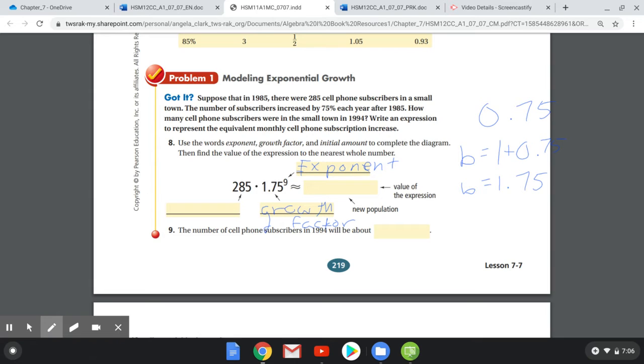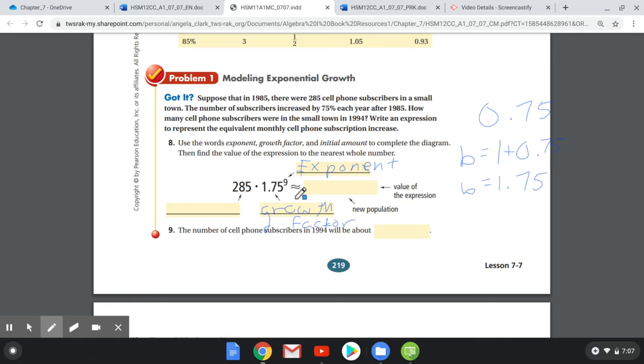Either way, it's the multiplier. So those three terms: the general term is multiplier. If it's specifically an exponential growth situation, then it's a growth factor. If it's an exponential decay situation, then it's a decay factor.